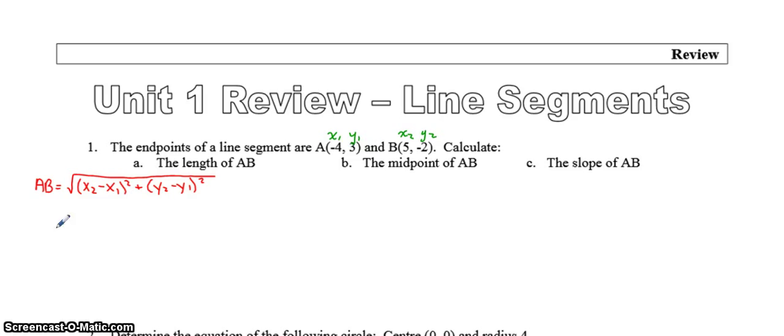So when you substitute it into the formula, you're going to subtract the x's here, so 5 subtract -4 squared, and -2 subtract 3 squared, and it's the square root of that.